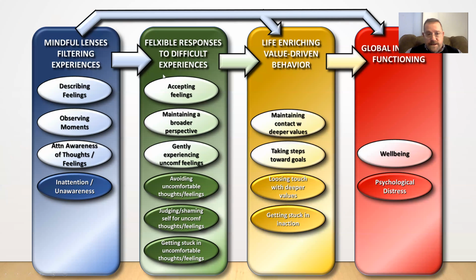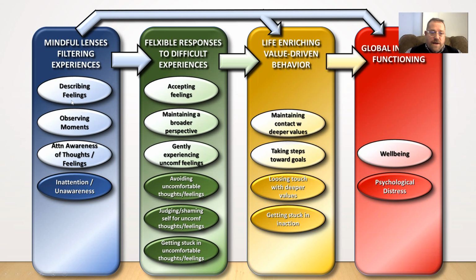And we feel that, in alignment with Buddhist texts, all 14 of these dimensions, the blue, green, and yellow dimensions, are aspects of mindfulness. The blue are filters or lenses that we use to filter in or out input from the outside world.